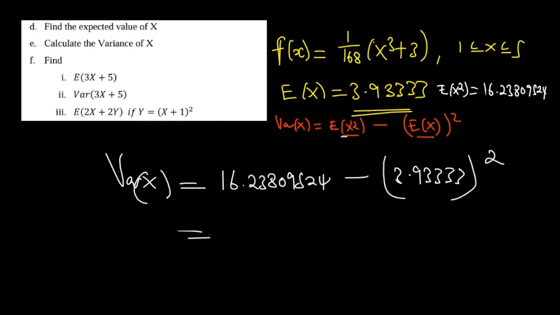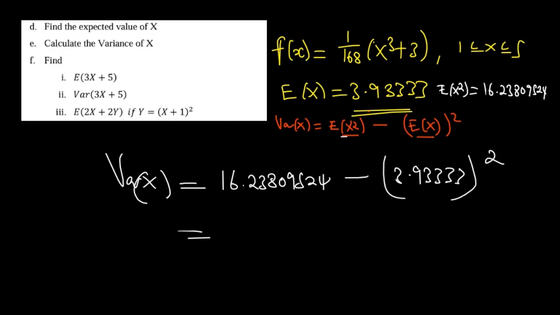So we just punch this onto the calculator and see what we're going to get. Okay, so let me do that. 16.23809524 minus, then in brackets I'm going to write 3.93333 and then squared.